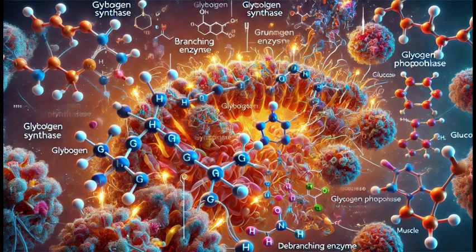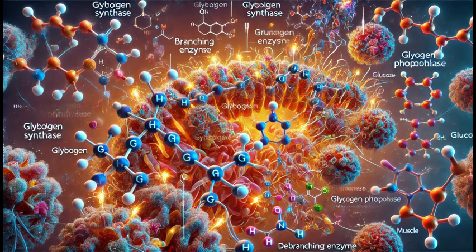This all makes perfect sense for muscle tissue, which needs glycogen for its own energy. Right. But what about the liver? Ah, the liver. Remember, it's not just using glycogen for itself, it's responsible for maintaining blood glucose levels for the whole body. That's right. The liver is like the body's glucose pantry, stocking up when times are good and sharing with other organs when they're running low.